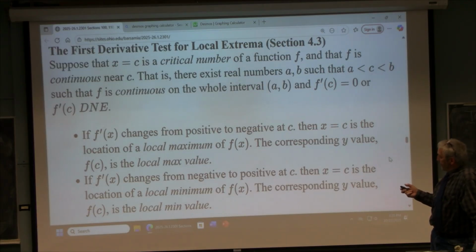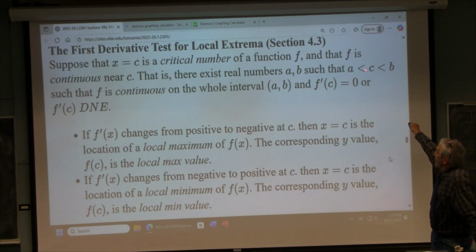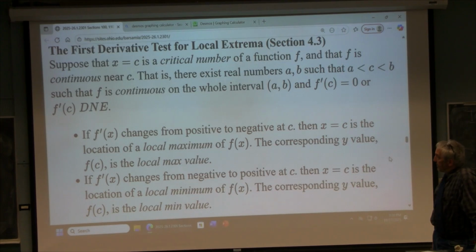And also, furthermore, suppose that the function is continuous near that x value c. So that is, there is some interval around c, so like from a to b, where on that whole interval f of x is continuous. So we've got a number x equals c that's a critical number, and it's in this interval where f is behaving nicely. Well, here's the first derivative test.